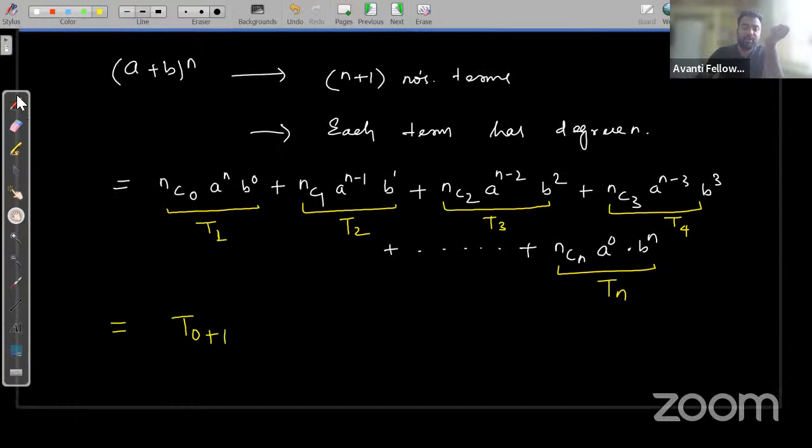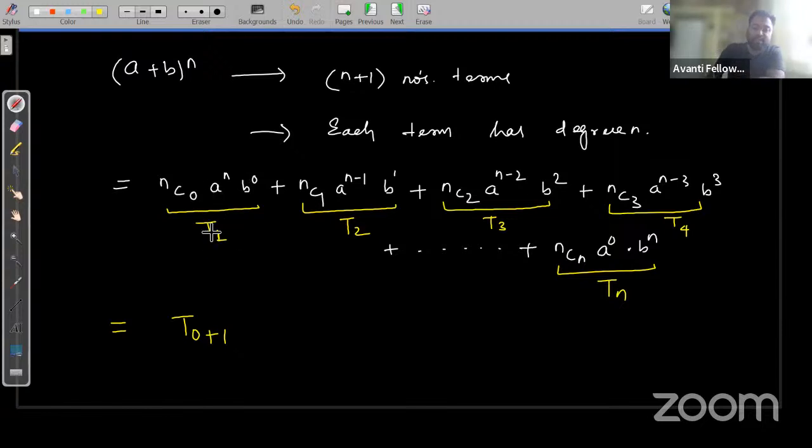A to the power n into b to the power 0, degree n. A to the power n minus 1 into b to the power 1, degree n always. So if you add the exponents of a and b, the sum will be n always, right?